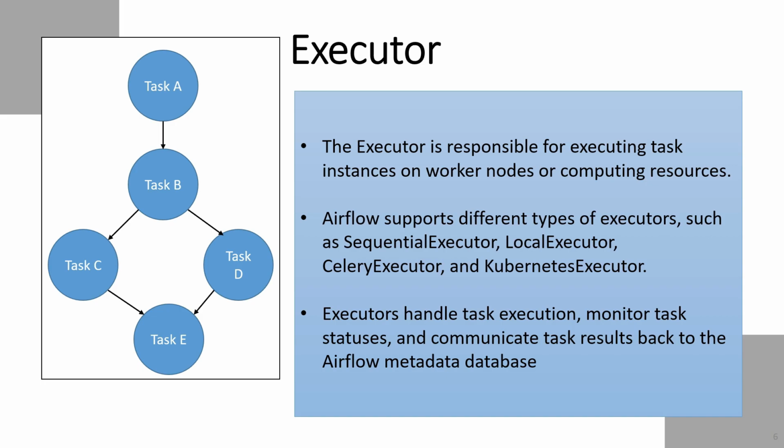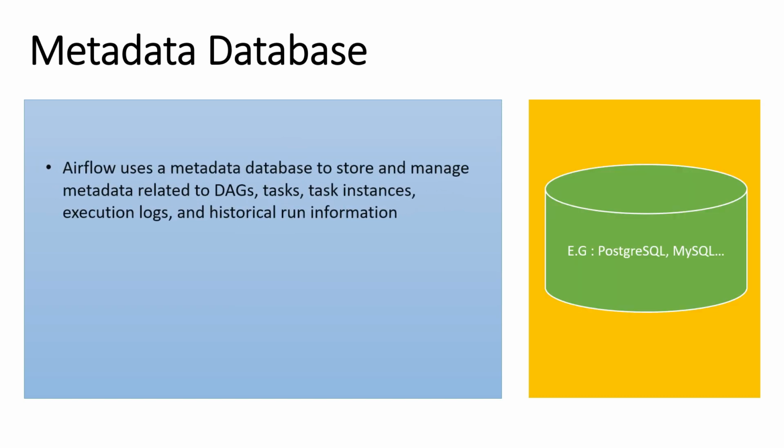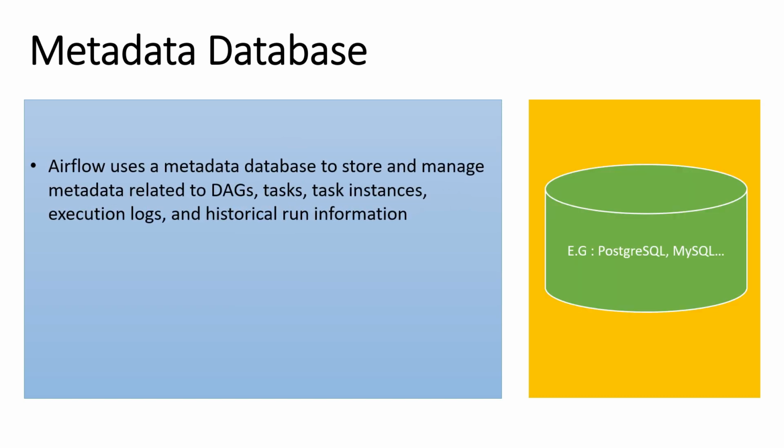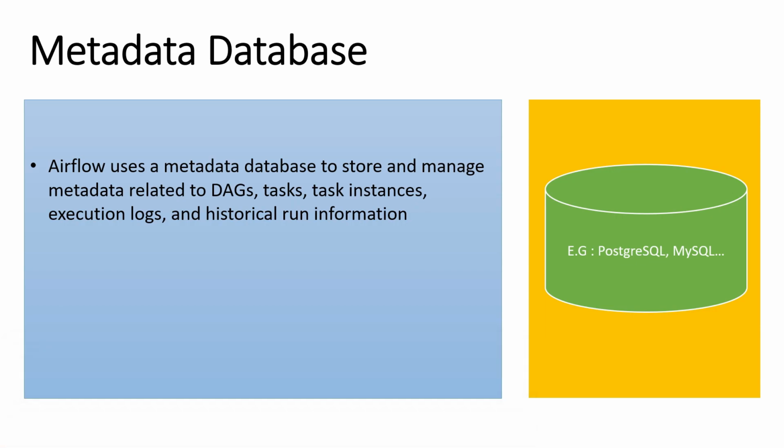Which brings us to the third component, which is Metadata Database. Airflow uses a metadata database to store and manage metadata related to DAGs, tasks, task instances, execution logs, and historical run information. In production environment, handling sensitive customer data, data reliability and consistency are paramount.